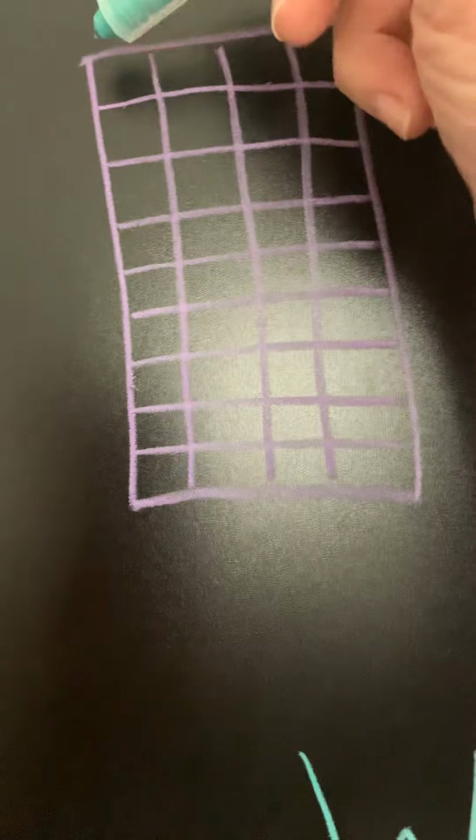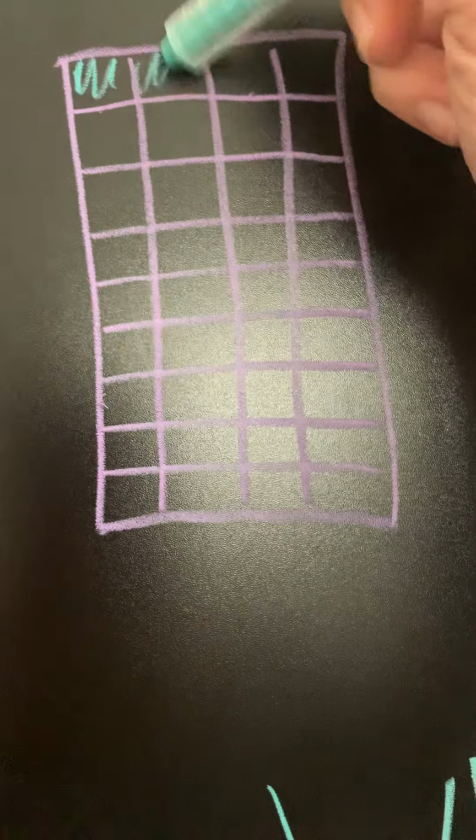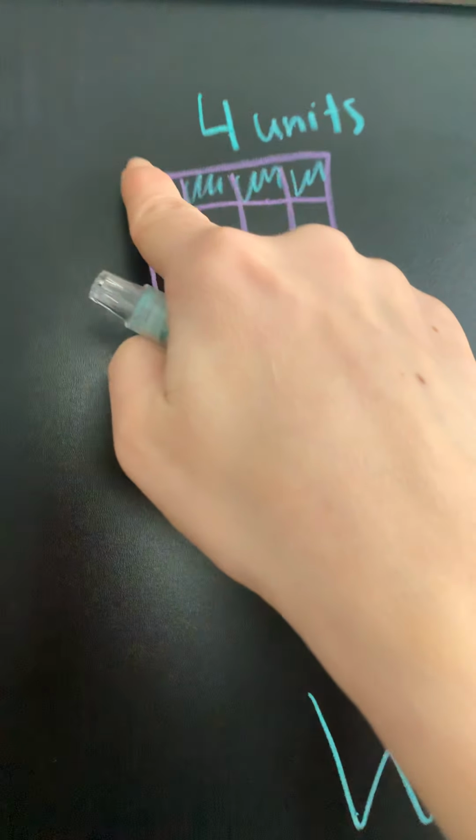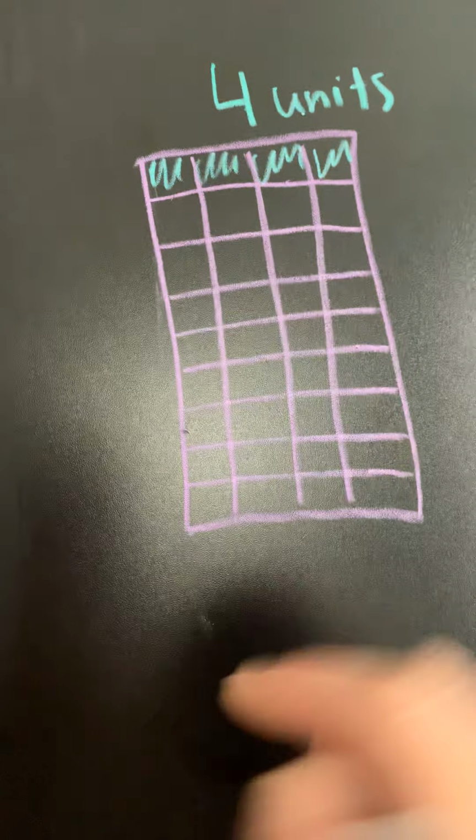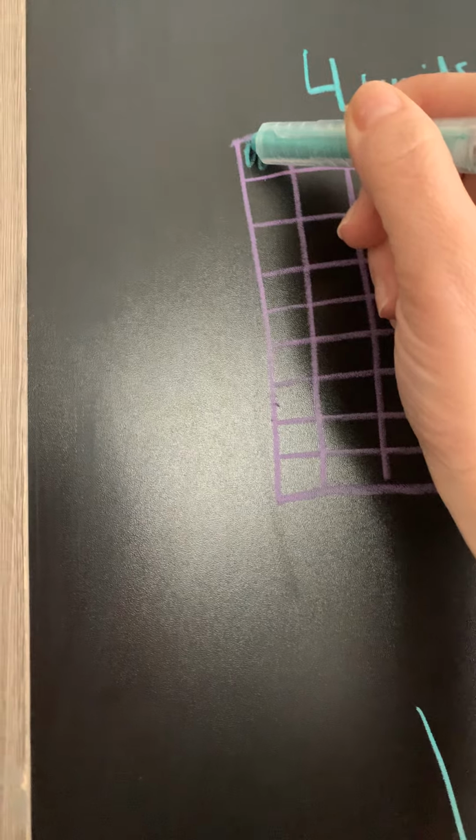So if you count the rows on the top, we have 1, 2, 3, 4. Okay, there's 4 units for the width. And then the length going down, this still counts as 1, because remember, in the corner we've got to count that twice.